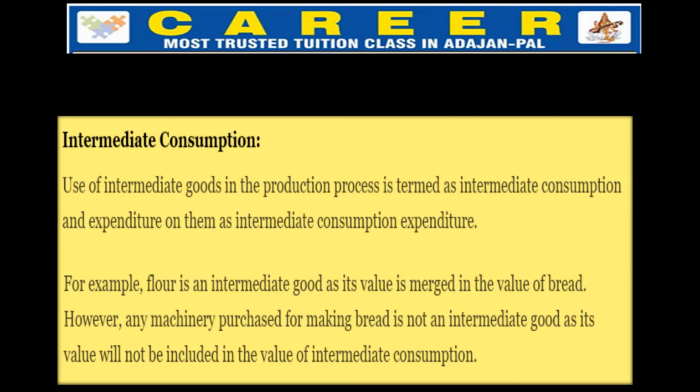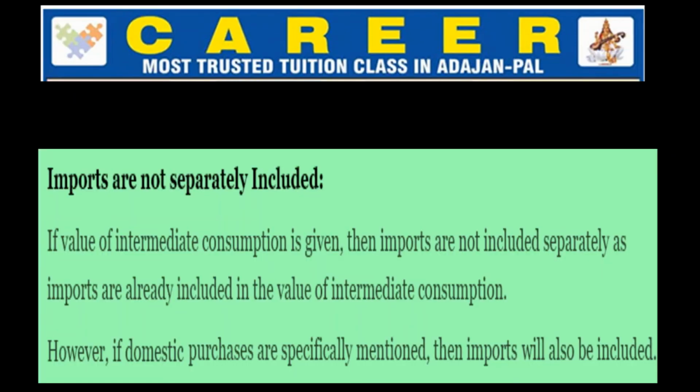However, here remember, machinery purchased is not an intermediate good because it is used for various other purposes also. Imports are not separately included in intermediate consumption if the intermediate consumption value is given. However, if domestic purchase is specifically mentioned, then imports are to be added to it.